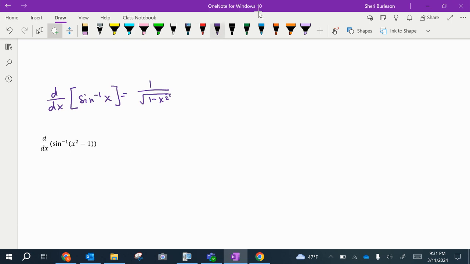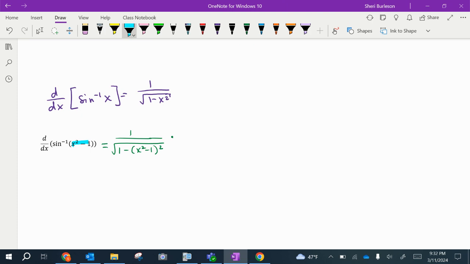So this is going to be a chain rule. The derivative of inverse sine of something is 1 over the square root of 1 minus the something squared. And then I need to multiply by the derivative of the inner function.